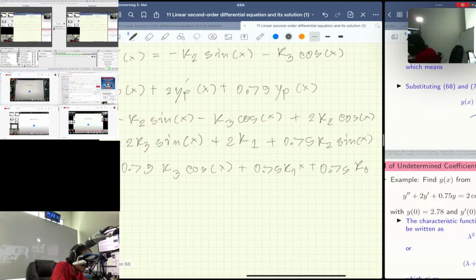And let's combine everything. For the sine x, we have 1, 2, and 3 terms, right? So it's going to be negative k2, negative 2k3, and plus 0.75 k2, and here you have sine x.